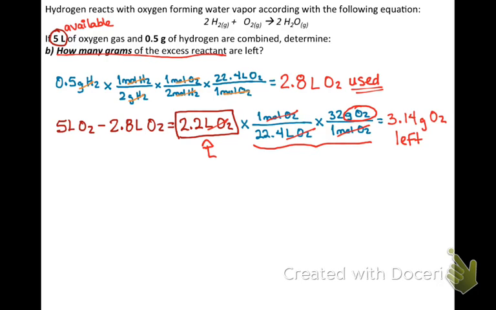If you are skilled enough to do this, you can start from the 2.2 liters of oxygen and then go directly with the equivalence between 22.4 liters of oxygen, that is 1 mole, and 32 grams of oxygen, that is 1 mole.